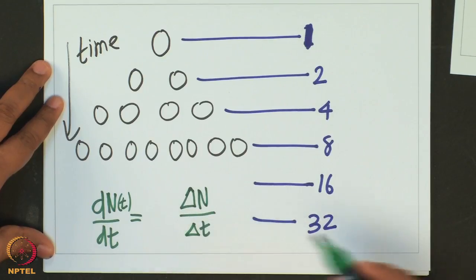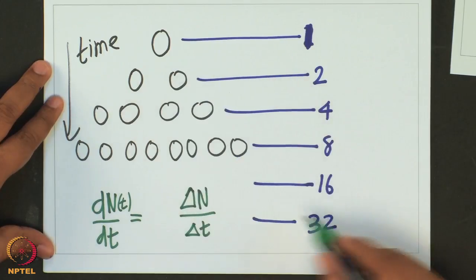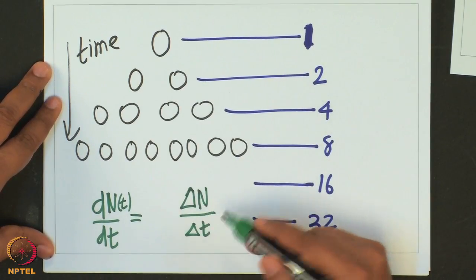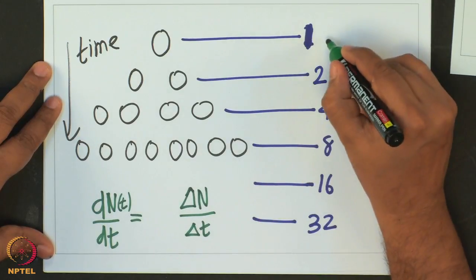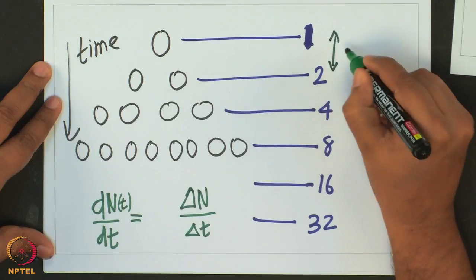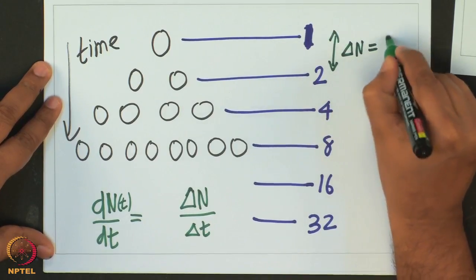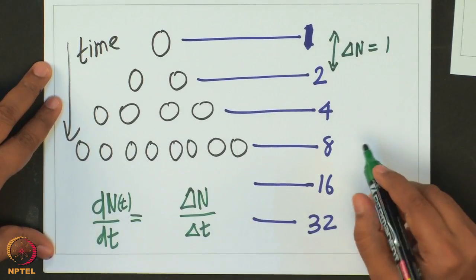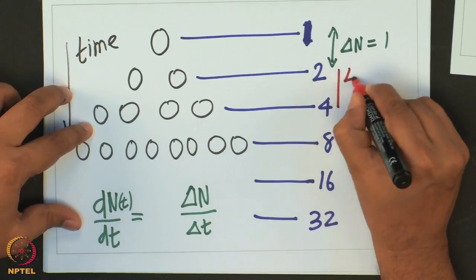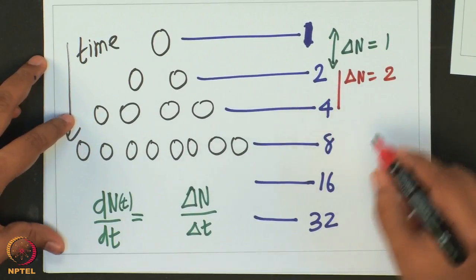Now what is delta n by delta t? Delta t is some time by which it would divide, and delta n, let us think about this. How much was the delta n here? Here the delta n is 1. Here the delta n is 2, it became 2 to 4.